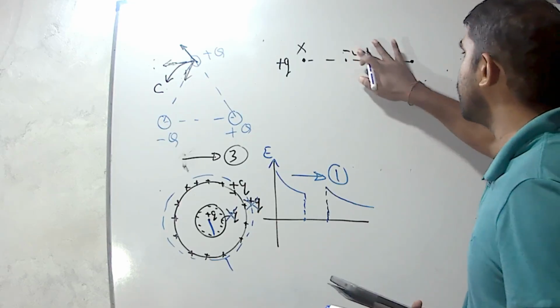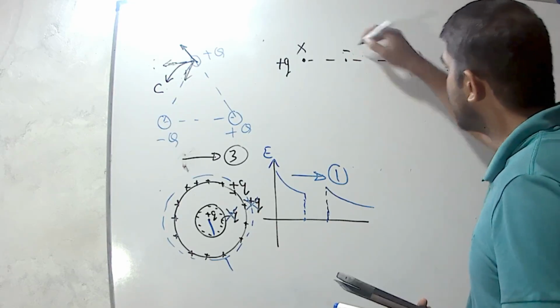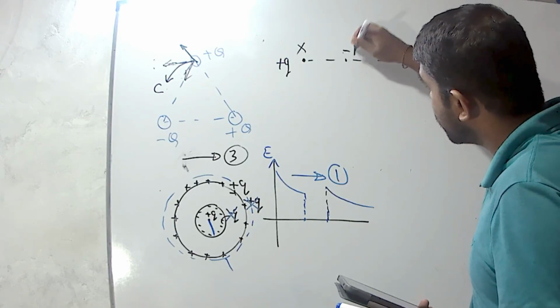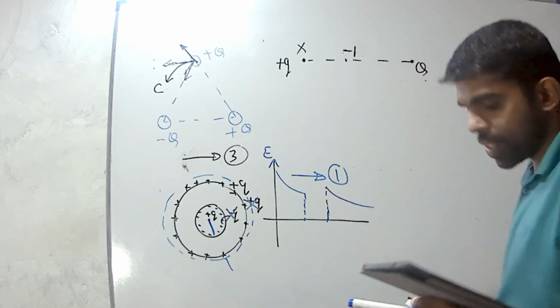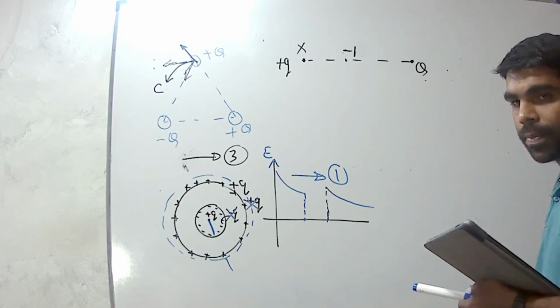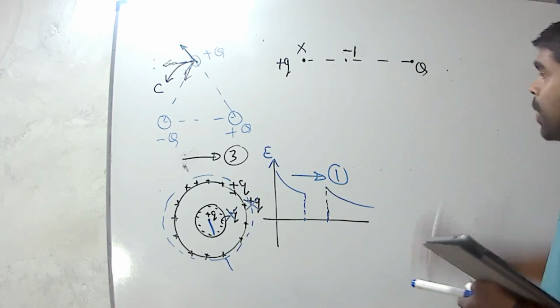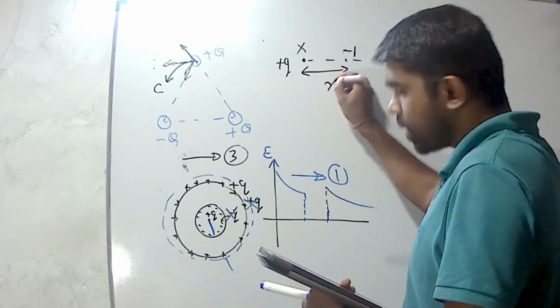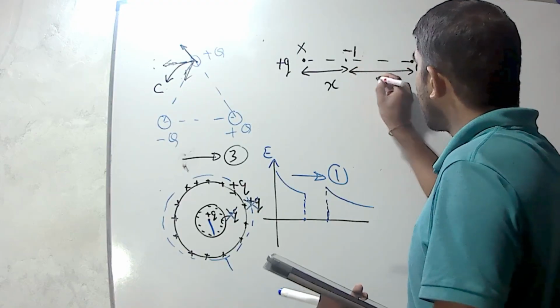Now I will consider charge at this place is Q. I will consider this charge as minus 1. It is easy to calculate. We have to find capital Q value. This distance is given as x and this distance is root 2x.